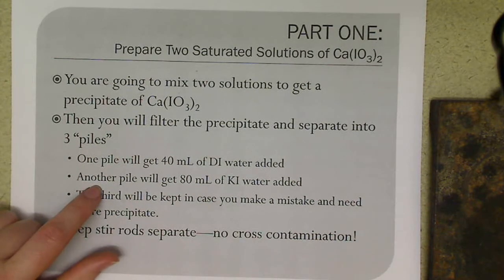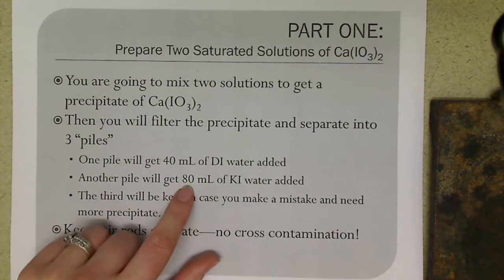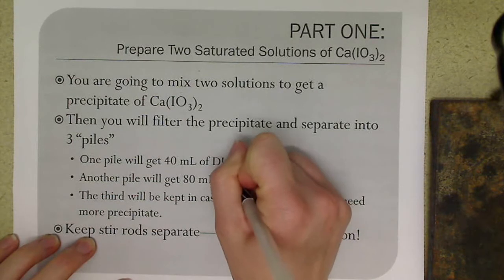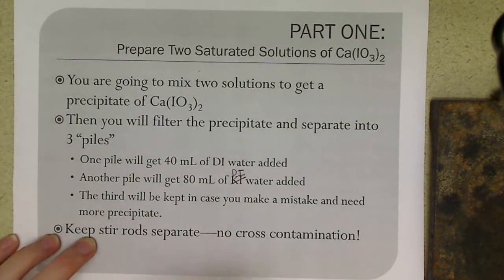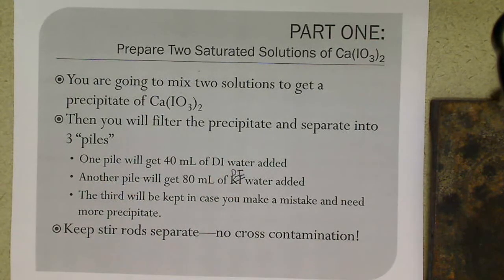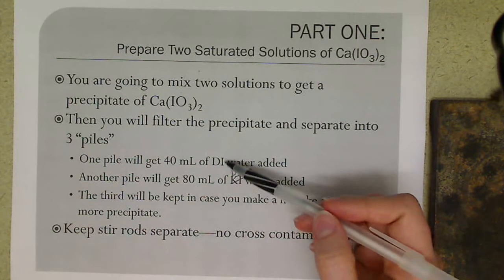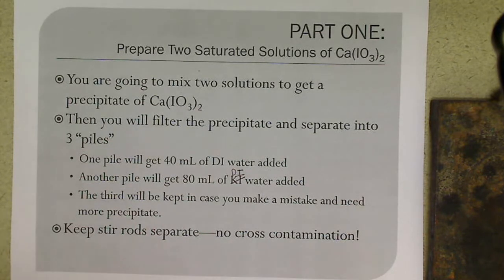Another pile gets 80 milliliters of, this should be DI water, not KI. And then reserve the third so that in case you make a mistake, you can go back. Also, you can use that third pile to add to either of these beakers if it runs out of solid before you get onto your third step.